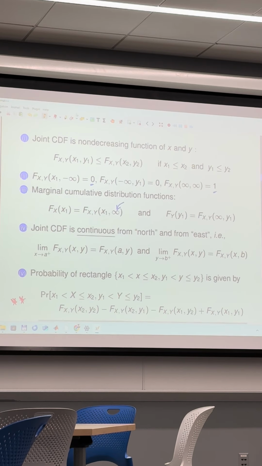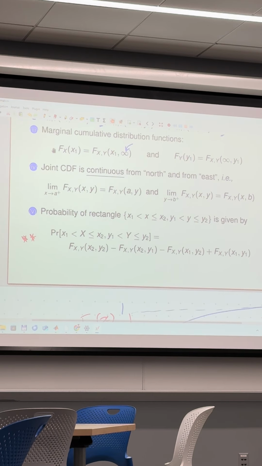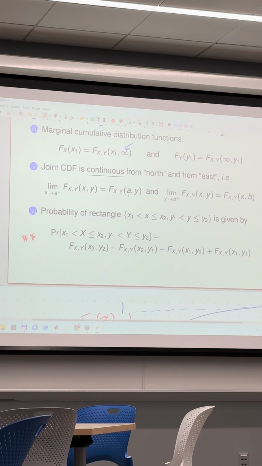That's all. For the other mathematical term that you see, for a single variable we went through this already. When you evaluate the limit as x tends to a plus, which means a little more than a, this joint CDF is basically a continuous function from the right, which means that even though x goes to a plus, you can evaluate it at a.